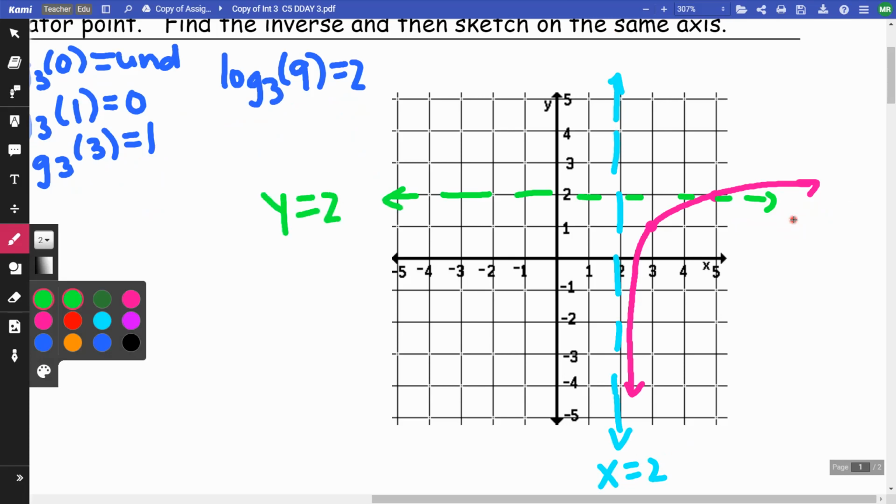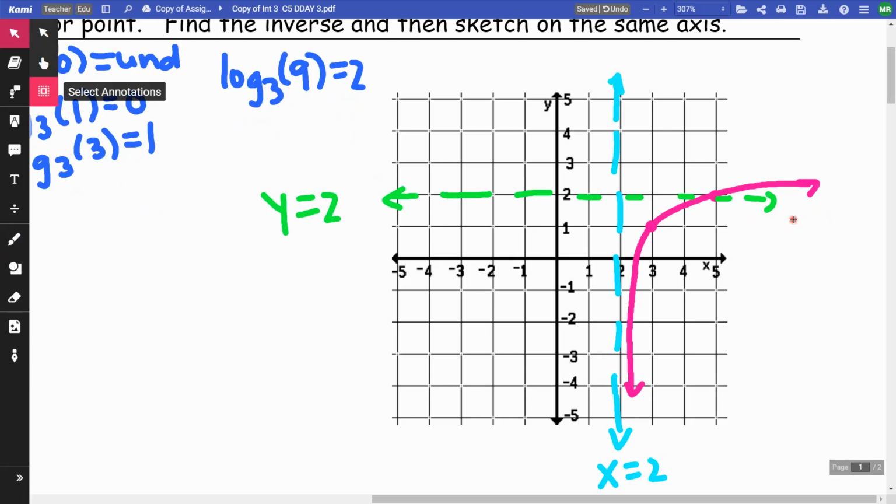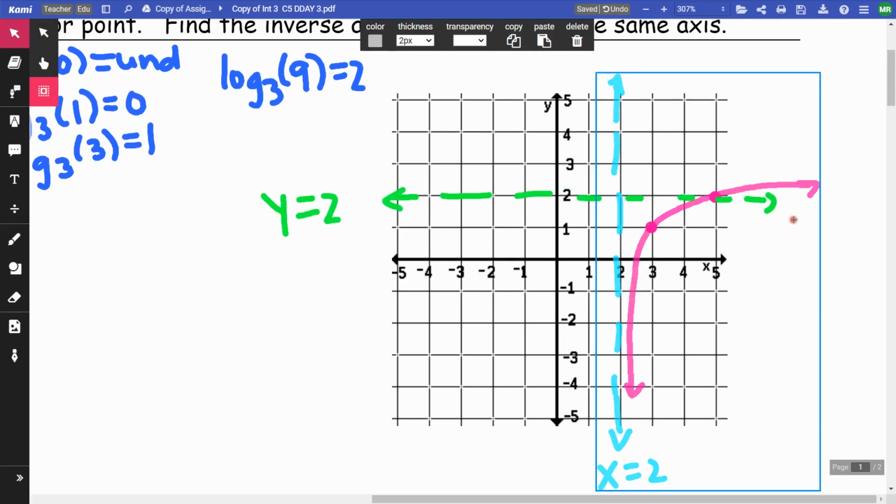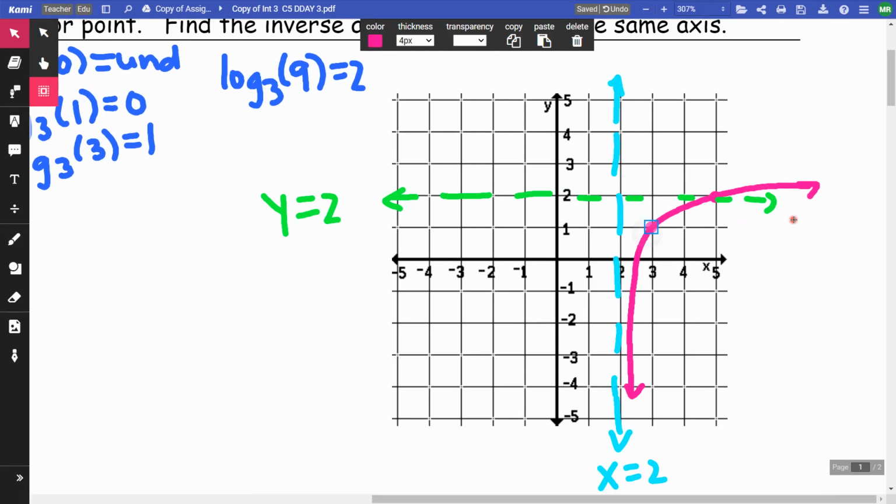I'm just going to change the color of this real quick. Let's see if I can click on it to blue. Okay, so that kind of matches with this asymptote.